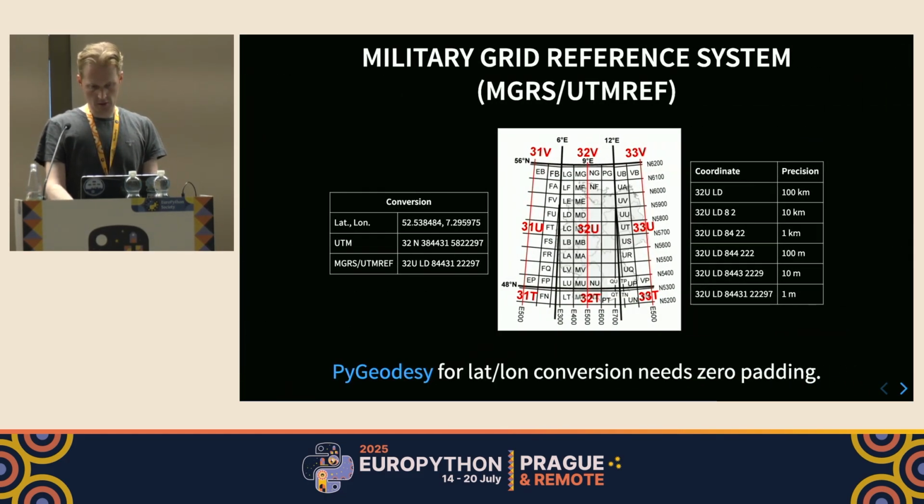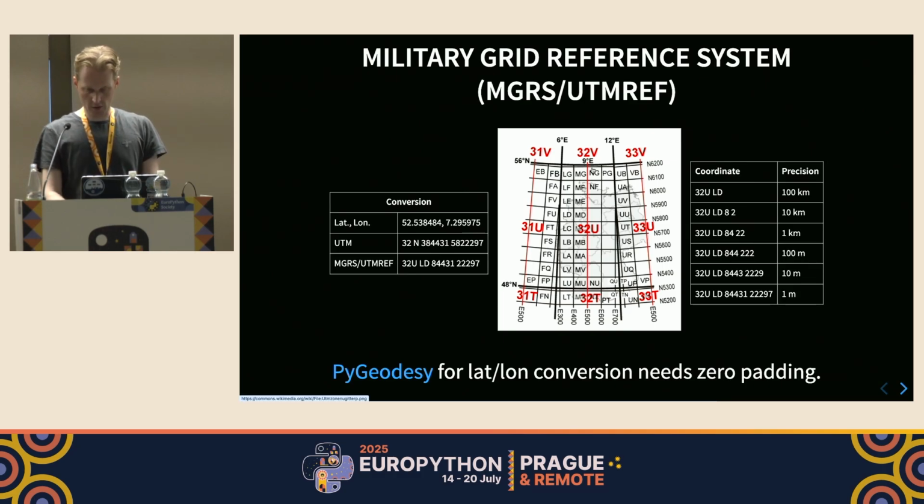Next, as I mentioned, we need a coordinate transformation. You may be familiar with latitude-longitude coordinates for locations on the globe. However, there's the so-called Military Grid Reference System, MGRS, which in Germany is called UTM-REF.